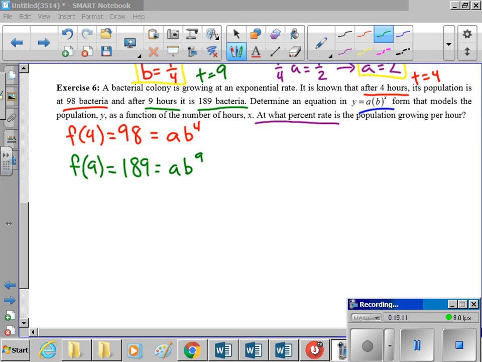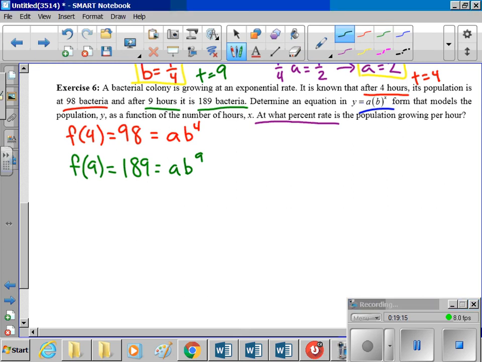All right. So I'm going to do my division. So I'm going to do f of 9 over f of 4. Try to keep switching the up and down order, but I think this one's going to work out better for us. So you do a b to the 9th over a b to the 4th. A's cancel.